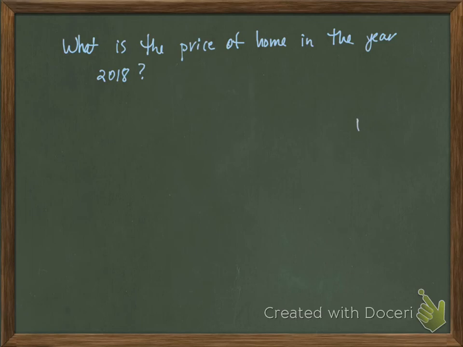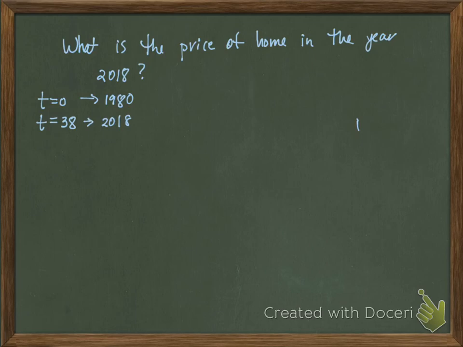Okay, so remember what we decided, that t equals 0 corresponded to 1980. So in the year 2018, that should correspond to t equals 38. Right? Because 1980 was 38 years ago.